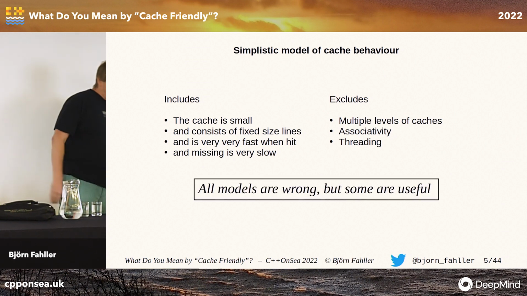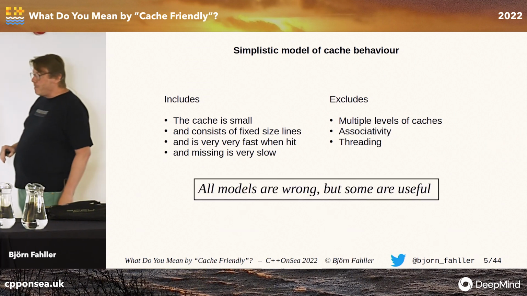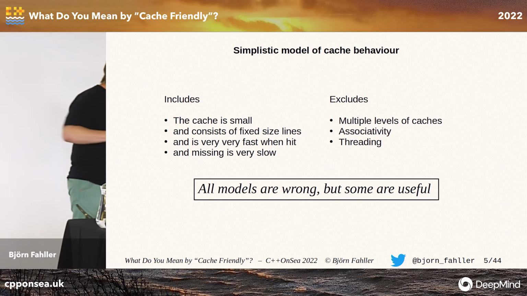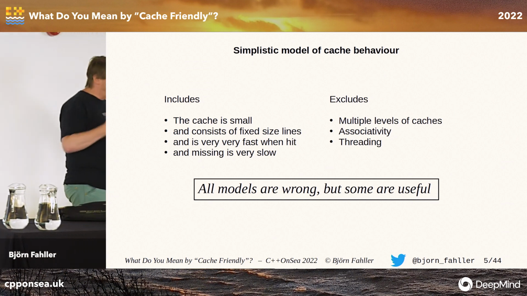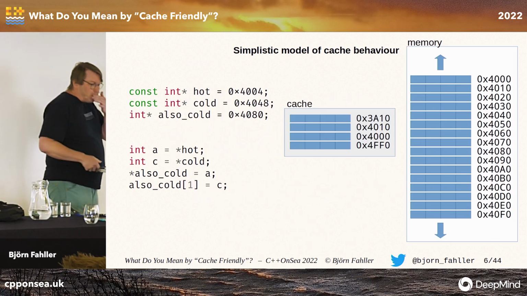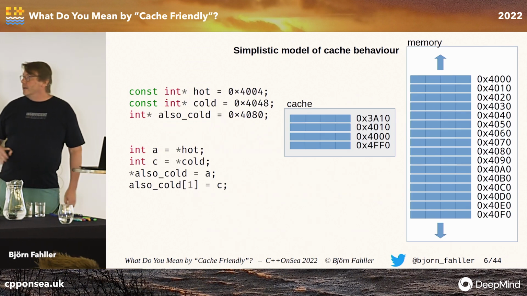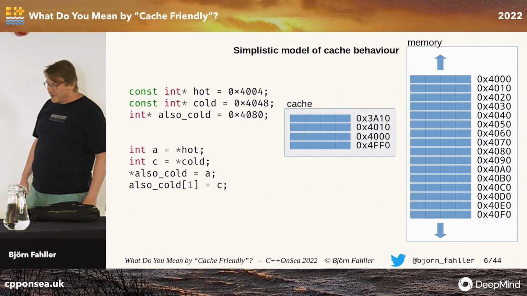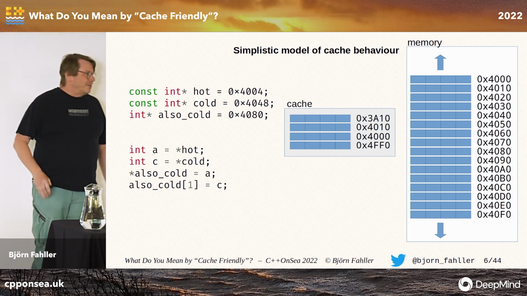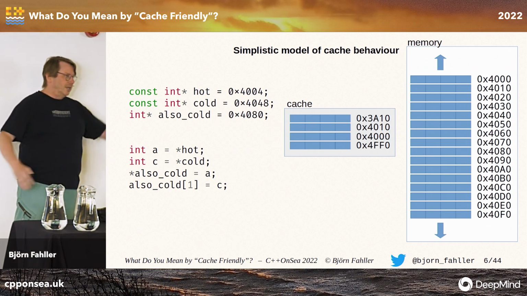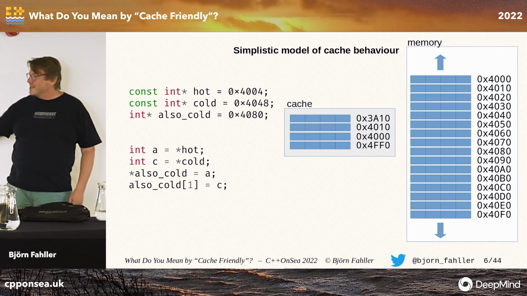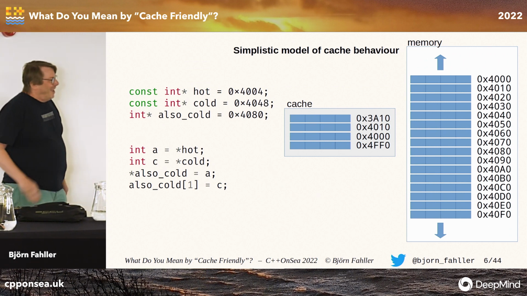So, all models are wrong, including this one, but some are useful. I maintain that this one is useful. At least I have found it to be. So, here's my super advanced computer architecture. To the right, you see the main memory. It's huge. It has a 16-bit address space.